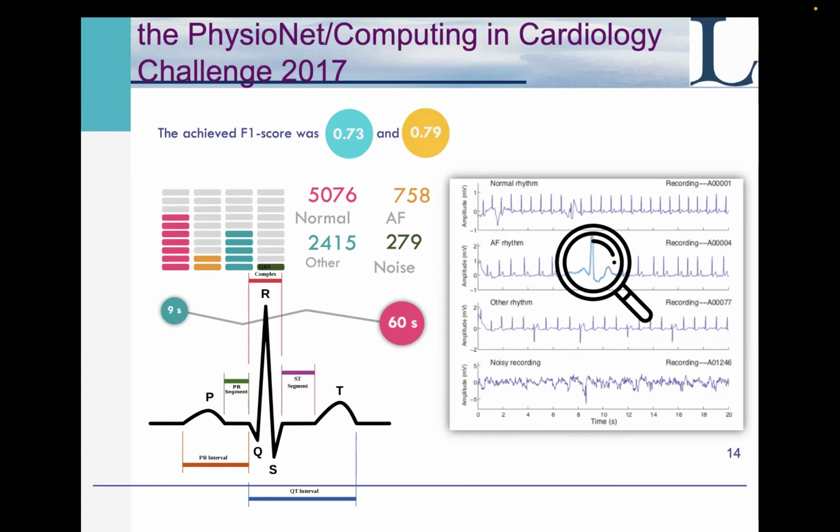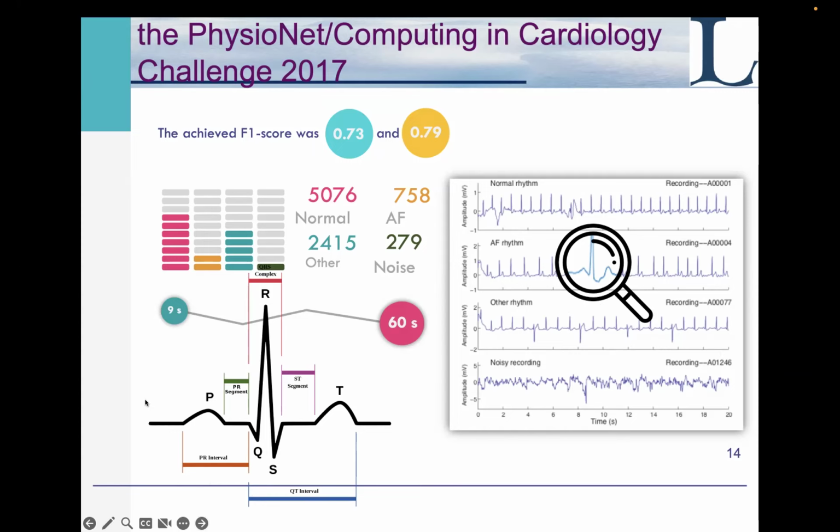The idea is that you measure the heart signal, and this is the classical form of a heartbeat, PQRST, which corresponds to a single cycle of a heartbeat.